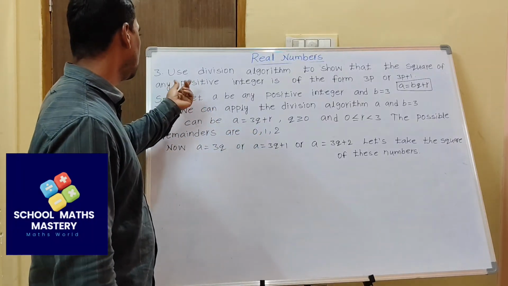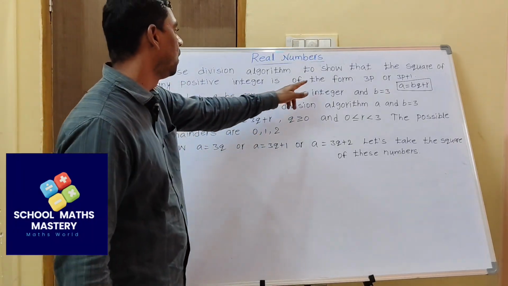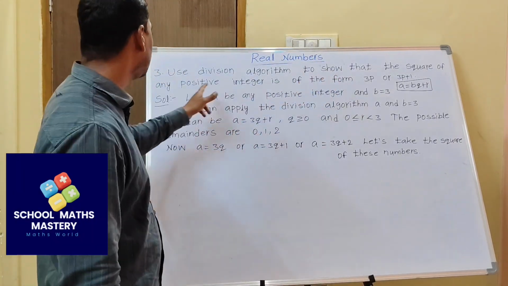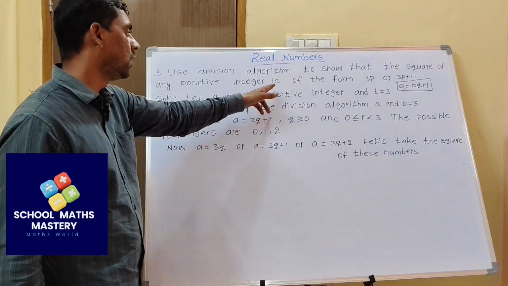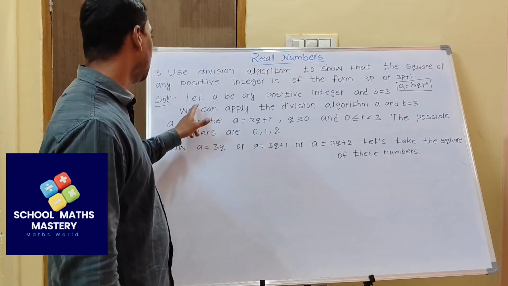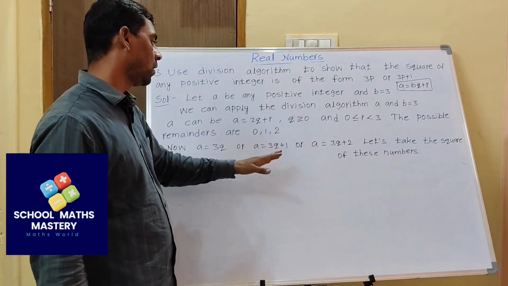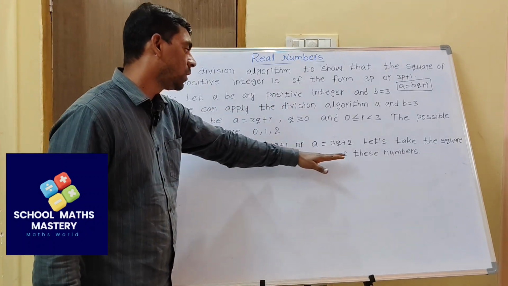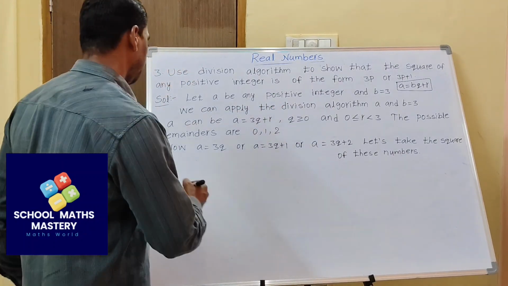Here look, our question is to show that the square of any positive integer is of the form 3p or 3p plus 1. Let a be any positive integer. Now we take the square of these numbers.